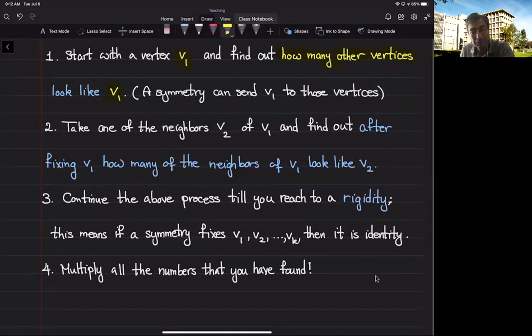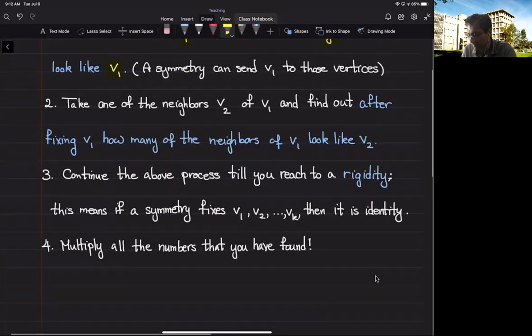At some point, we reach a rigidity. What do I mean by that? It means that we end up getting a set of vertices v1, v2, ..., vk, so that if we fix those, then we are fixing everything. Such a phenomenon I refer to as rigidity. So if I fix these vertices, then the whole graph should be fixed.